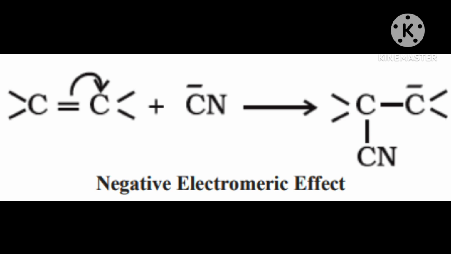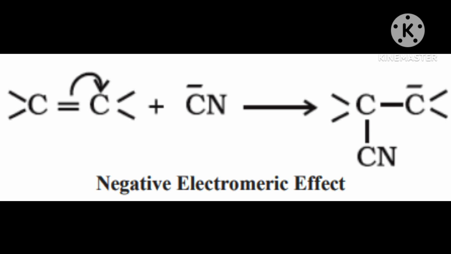Then the pi bond is weaker than sigma, you know. As soon as the attacking reagent comes to the multiple bond system, it will show this electromeric effect. And when this reagent goes, that effect also goes.